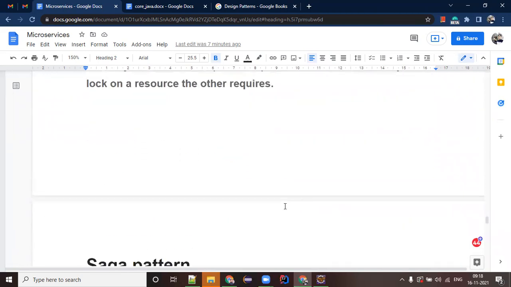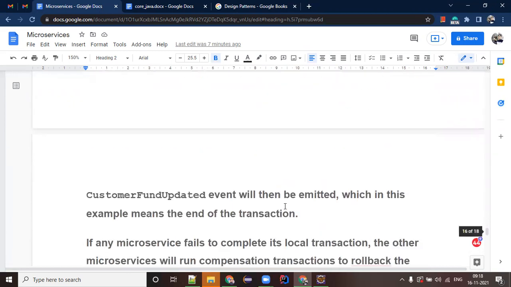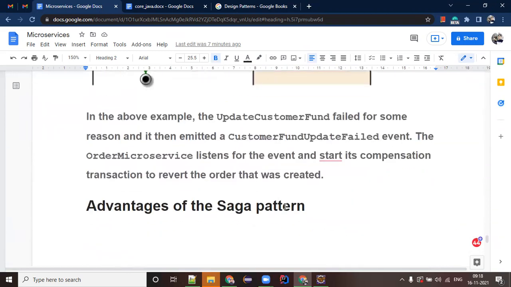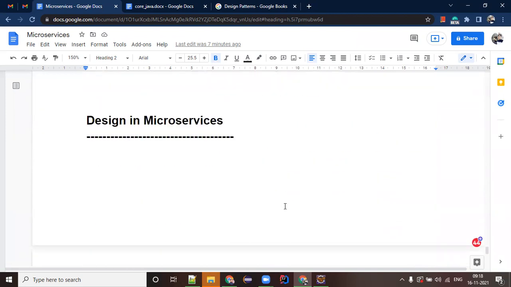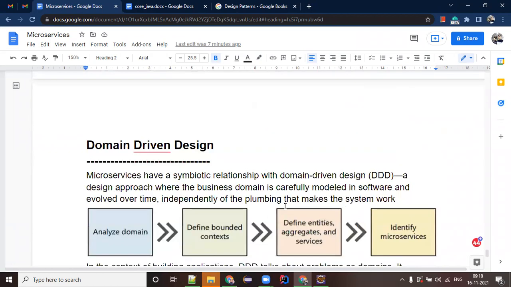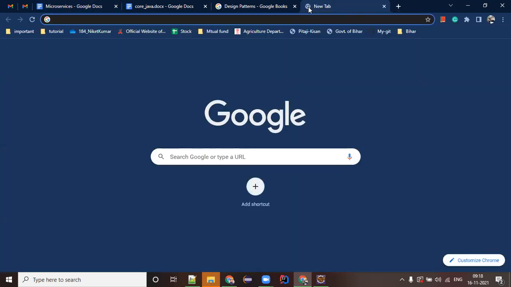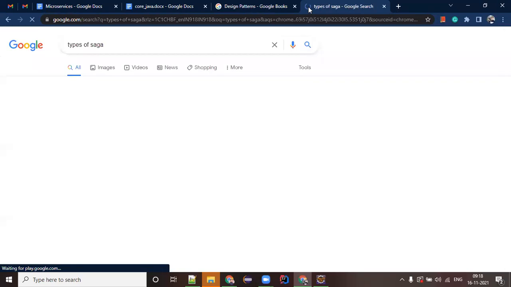2PC, these are all 2PC related. Saga pattern is of two types. Types of saga pattern.